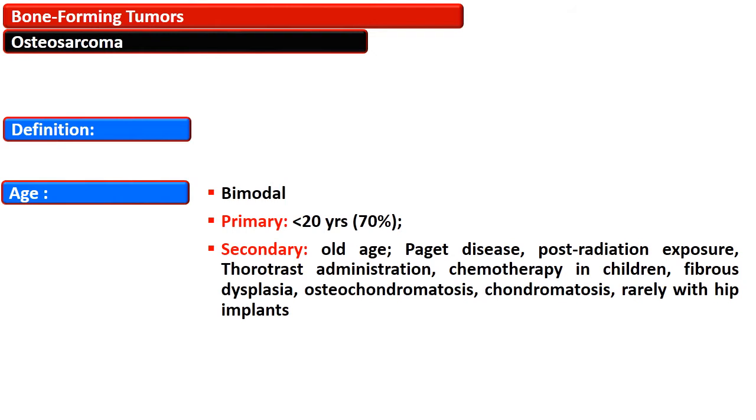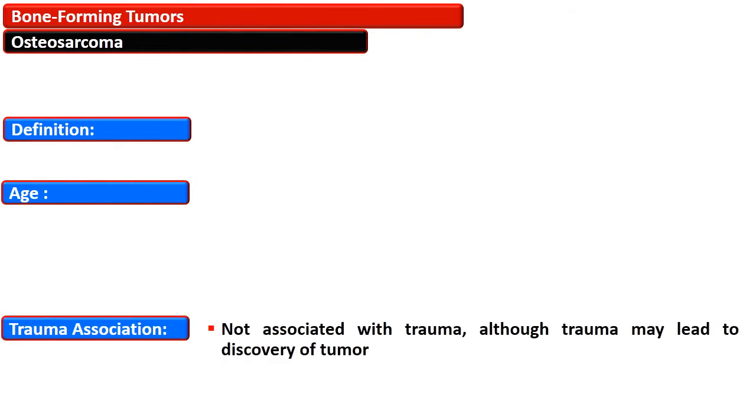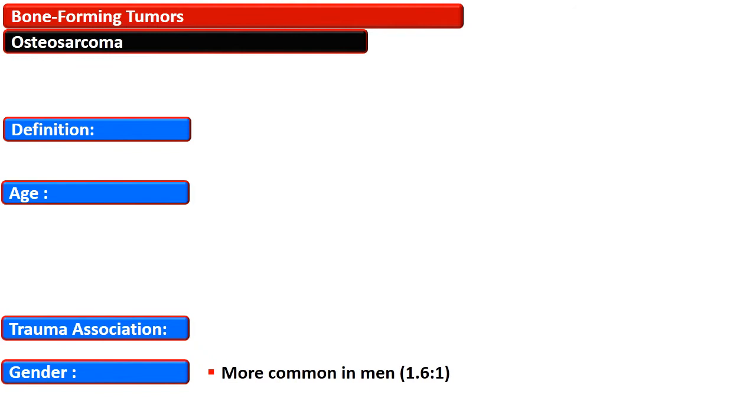Then chemotherapy in children is also associated with osteosarcoma, and other associated bone pathologies such as fibrous dysplasia, osteochondromatosis, chondromatosis, and rarely the hip implant also contribute to the development of this secondary type of osteosarcoma. Trauma is not associated with this osteosarcoma, although trauma may lead to the discovery of the tumor.